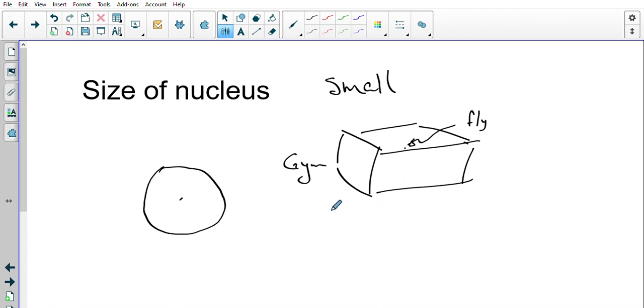Now, Rutherford was the one who actually came up with the analogy of the size of the nucleus, and he talked about the fly in the cathedral. If you go to Europe, a cathedral is just a big, big church. We don't really have too many cathedrals in North America, but in Europe, they have them all over.